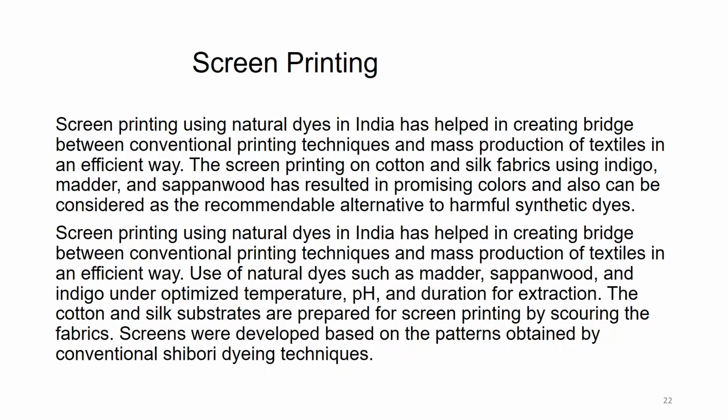The cotton and silk substrates are prepared for screen printing by scouring the fabrics. Screens were developed based on the patterns obtained by conventional shibori dyeing technique. So, there is another term called shibori, it is a Japanese style of printing. Nevertheless, we can create that style of printing by using screen.